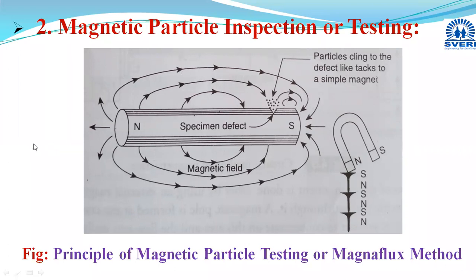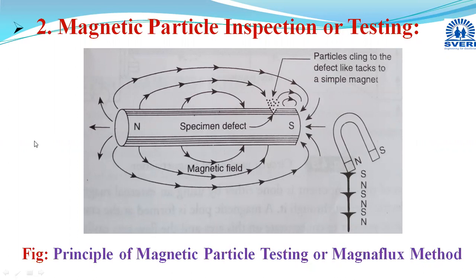Okay, now I will start with magnetic particle inspection or magnetic particle testing. It has different types. But before going to discuss the different types, first we will try to understand the working principle of magnetic particle testing, how it works.